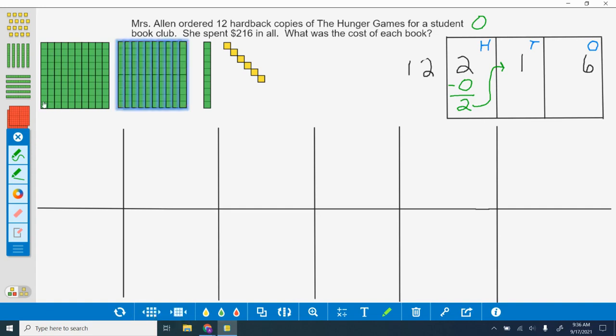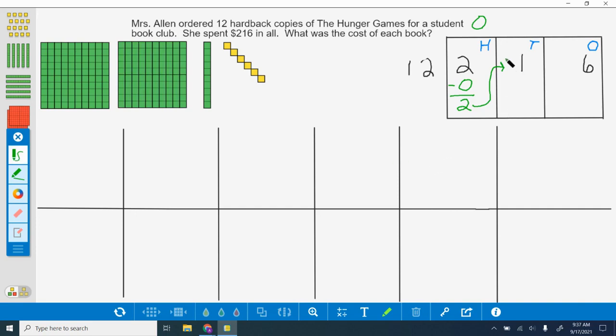Now, let's count how many tens did we just make. 1, 2, 3, 4, 5, 6, 7, 8, 9, 10. 10 tens was 100. 11, 12, 13, 14, 15, 16, 17, 18, 19, 20. 20 tens was 200.